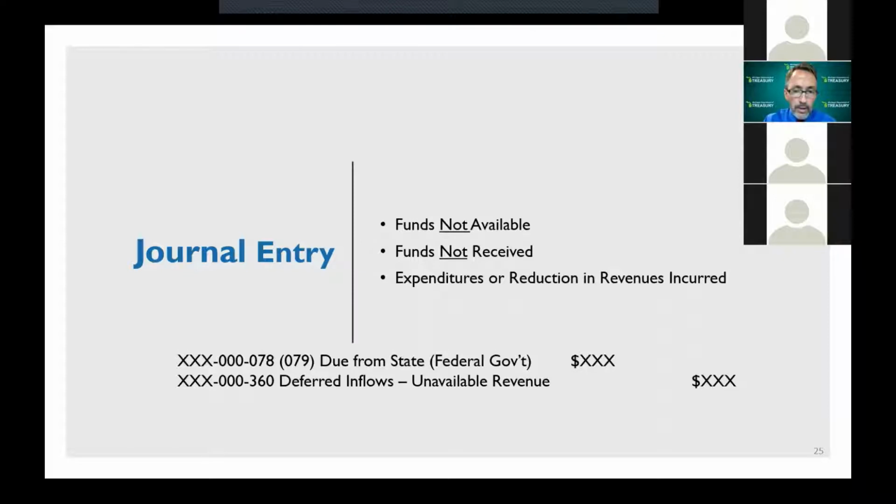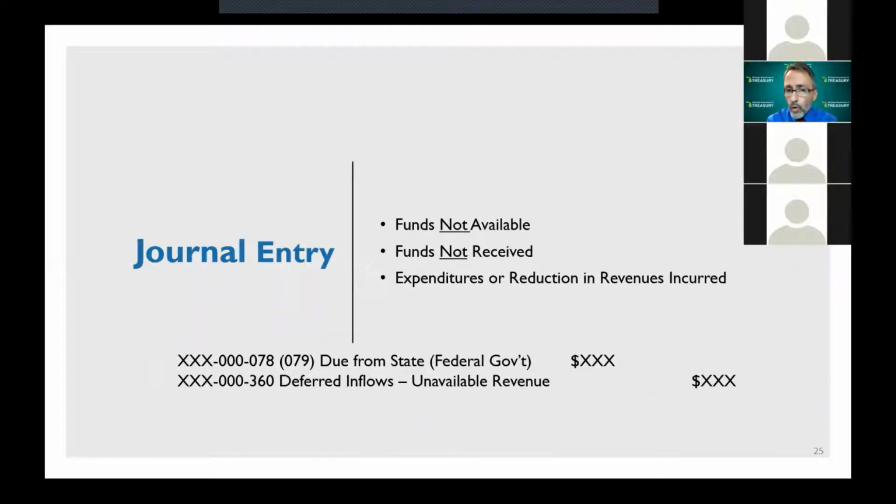Okay, so here is where the funds were not available. They didn't get received within 60 days of fiscal year end, and the funds were not received at all, but you did incur the qualifying expenditures or the reductions in revenue. So this one's a little trickier because you've qualified for obtaining them, you just haven't received them.